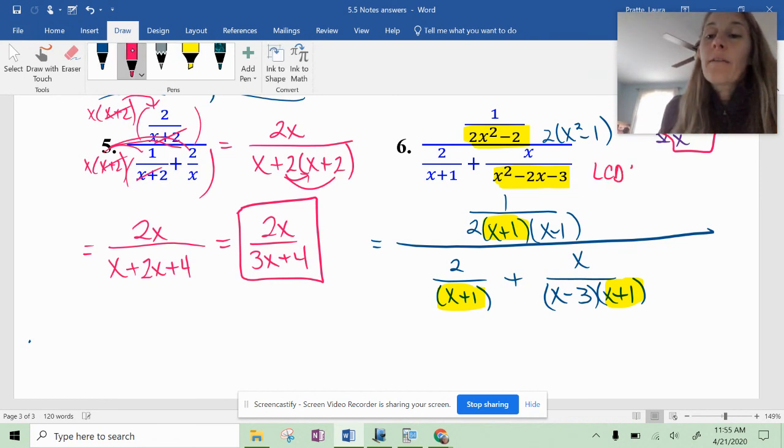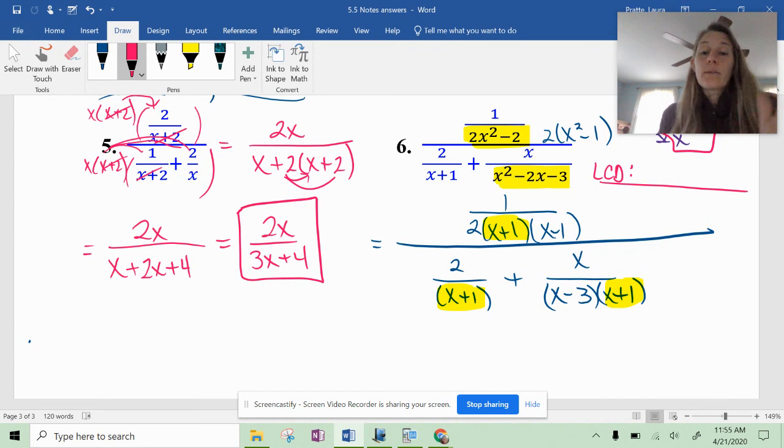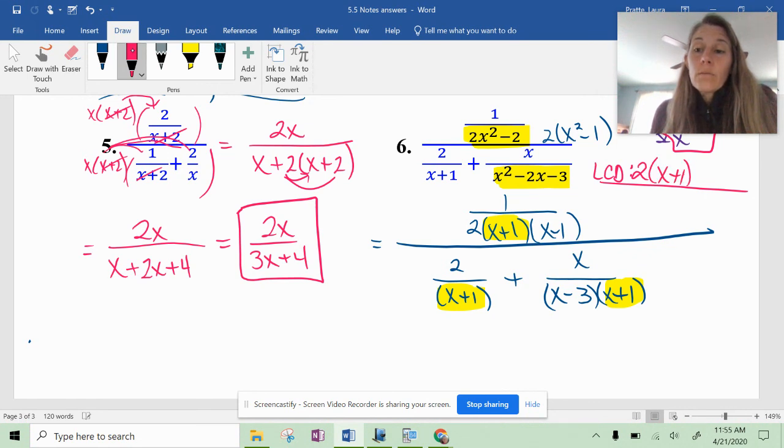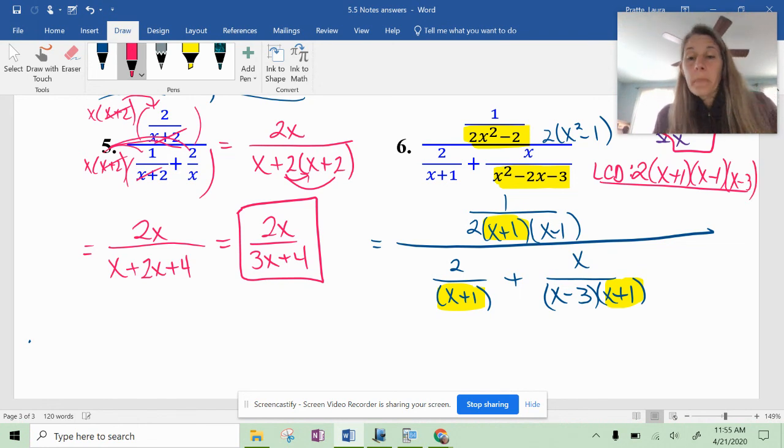But we have to make sure everything is included in that LCD to cancel everything out. So we're going to need a 2. We're going to need an x plus 1. We're going to also need an x minus 1, and we're going to need an x minus 3. So all of that, right?